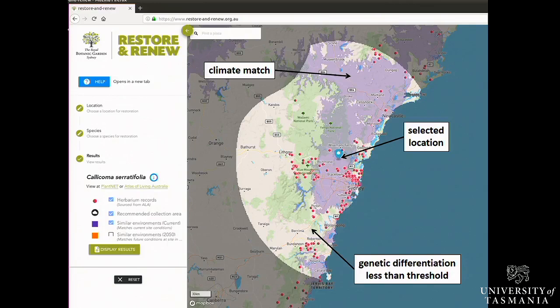What is the risk of outbreeding depression is the bottom line question. And so I guess what we really need to do is look at what evidence there is that outbreeding depression varies systematically among species according to their traits. Are there any traits that might be predictive of that?